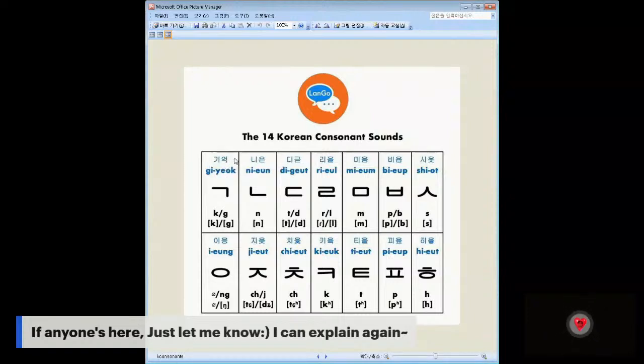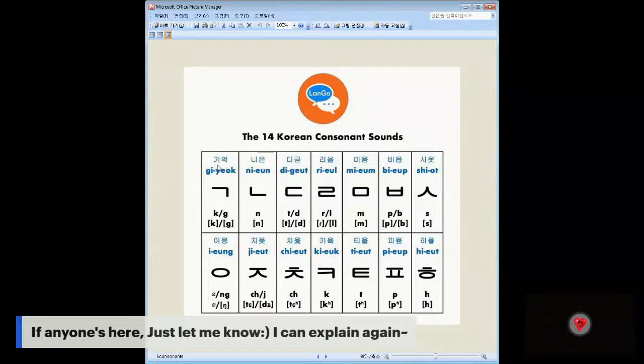So I think it's a good way to know the sound of the consonant, if you can pronounce its name.